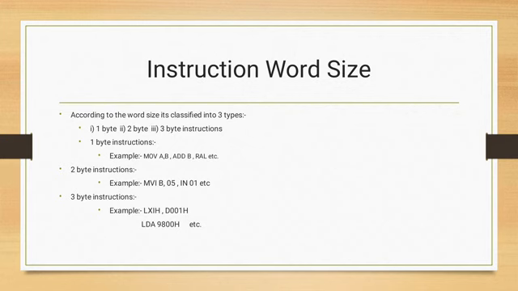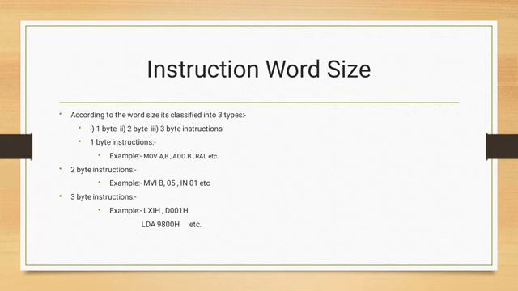In this instruction, one of the operands is in register B, which is indicated in the instruction itself. So this comes under the arithmetic group of instructions, and this is also an example of 1 byte instructions.